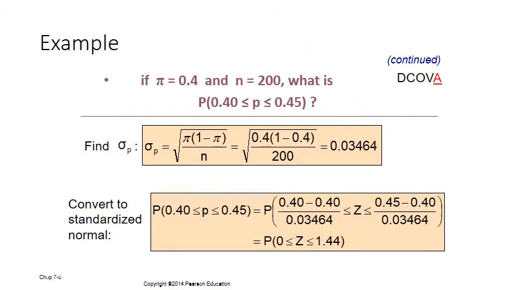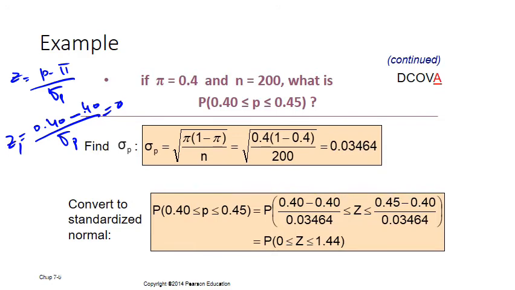So as I said, z is p minus pi over sigma p. So when p is 0.40, pi is 0.40 over sigma p. So in this case z1 is 0.